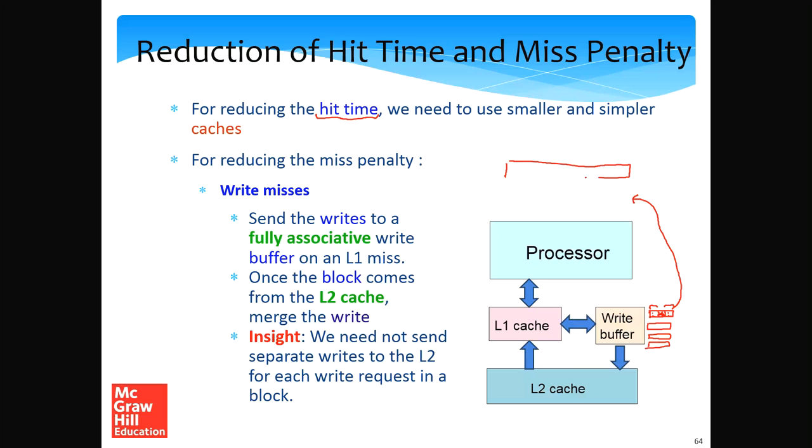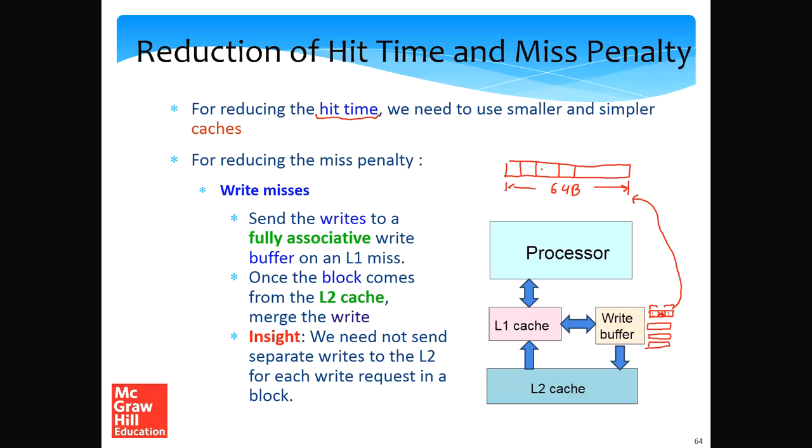Let's consider each block to be a 64 byte quantity. Let us assume that the processor wants to write to some 4 bytes in the middle. After that, the processor wants to write to another 4 bytes over here. So a stream of writes are coming.